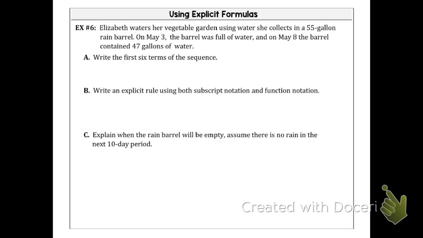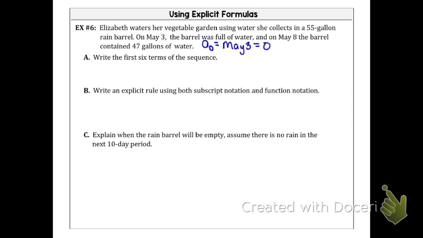All right, example 6 says Elizabeth waters her vegetable garden using water she collects in a 55-gallon rain barrel. On May the 3rd, the barrel was full of water. On May the 8th, the barrel contained 47 gallons of water. Write the first 6 terms of the sequence. Well, let's see. Our first day, so I'm going to let my a sub 0 be May the 3rd.